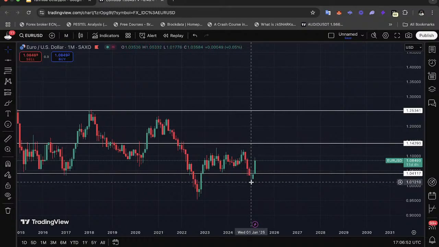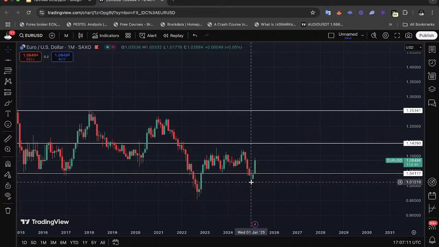Seeing that the month of January, EURUSD market gave a doji candlestick, and not just a doji candlestick, the candlestick was seated on a support level.